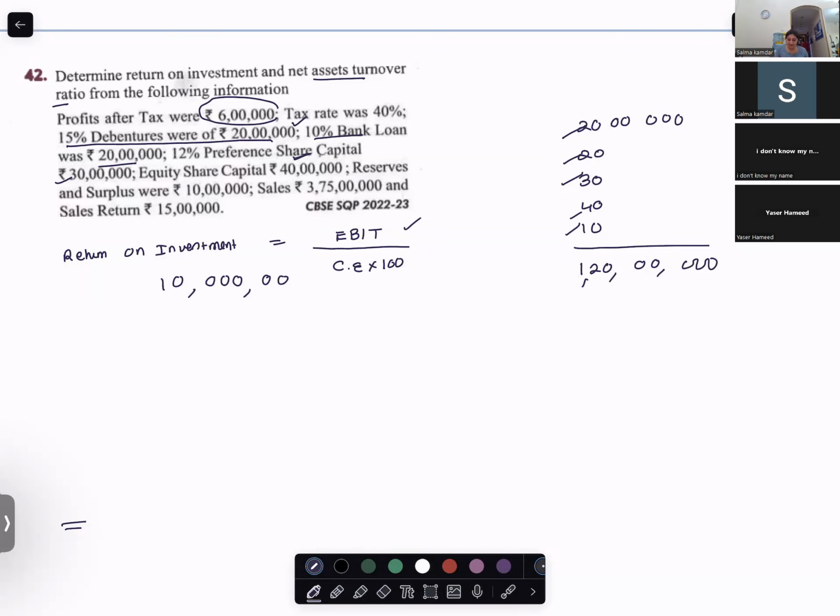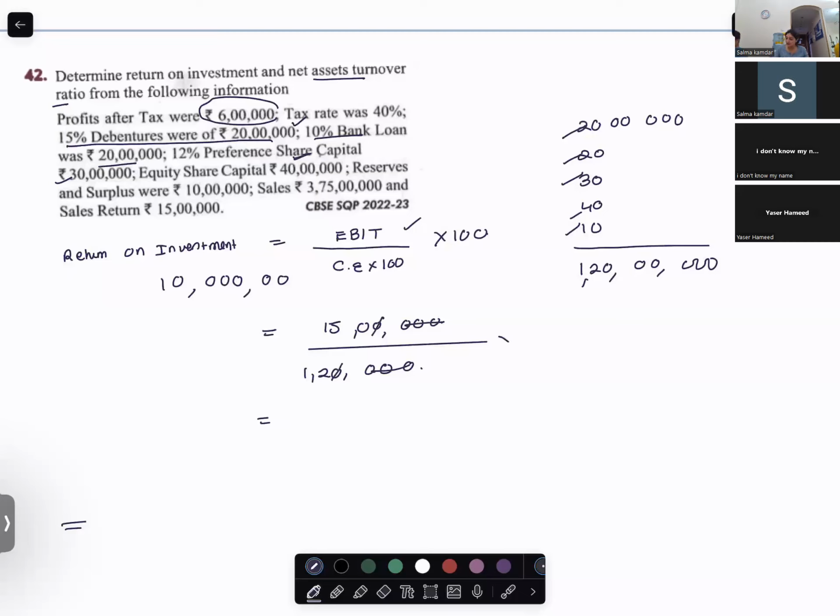So what is our earnings before interest and tax? It will be 15 lakh. Don't forget to put the commas because you're doing calculations yourself. Divided by 1 crore 20 lakh into 100. 3 zeros and 3 zeros go, 1 0 and 1 0 go.